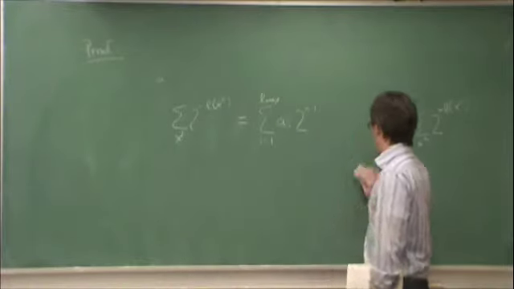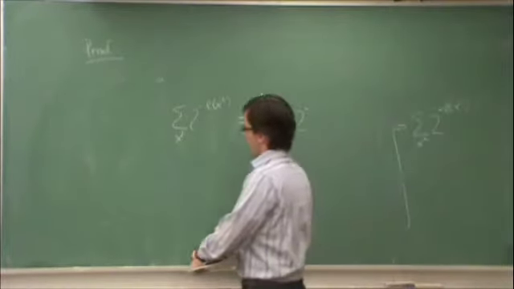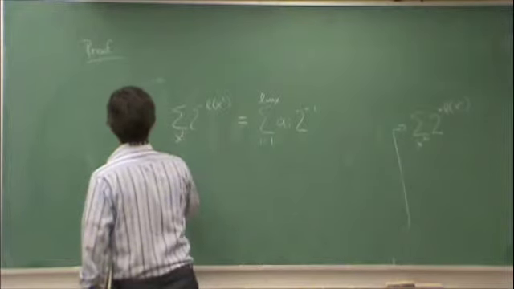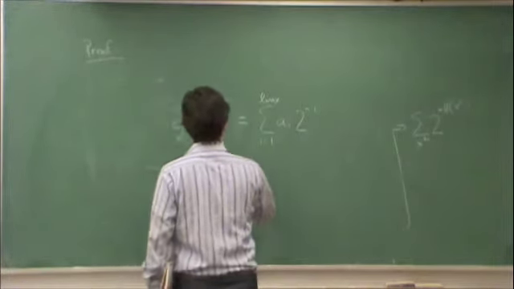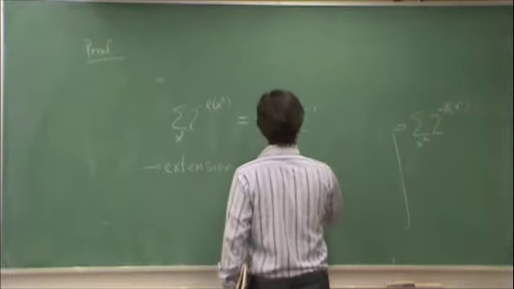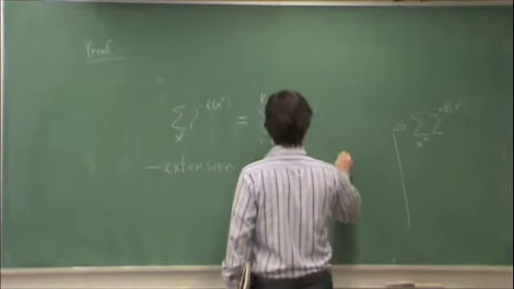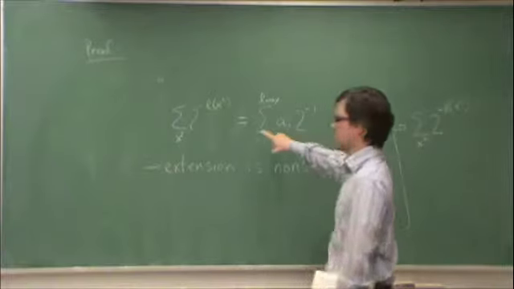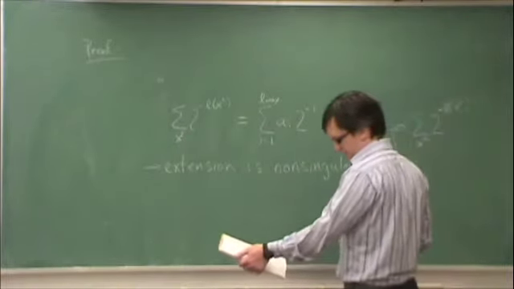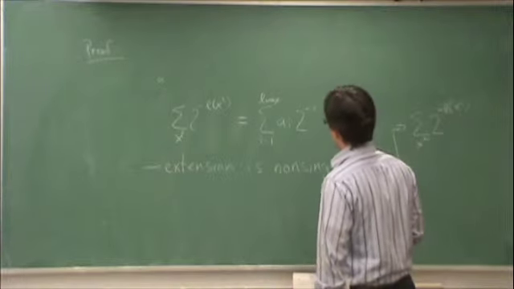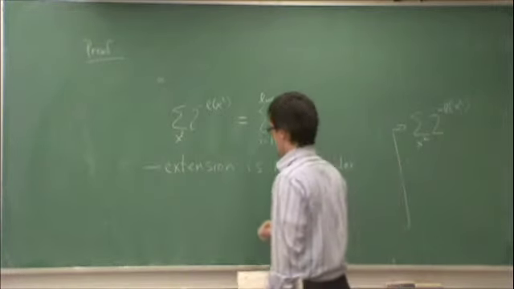So we know that the extension is non-singular. This is the kth extension of the code word. What does that imply? That implies something about AI.